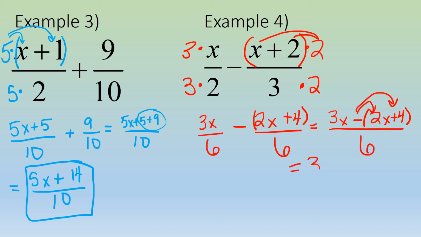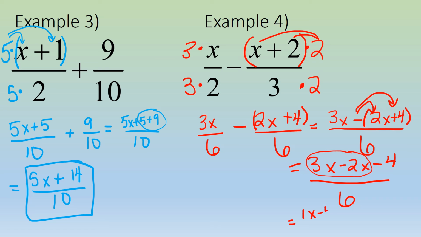So I have 3x minus 2x minus 4 all over 6. 3x minus 2x, I can combine those like terms. So a 3 minus a 2 would leave me with 1x minus 4 all over 6. We can't simplify that any further, so that is my final answer.